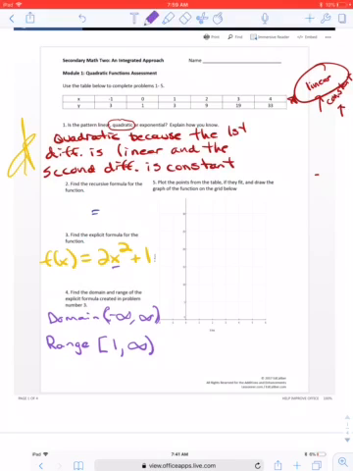So we're going to go -1 and 3, 0, 1, 1, 3, 2, 9, 3, 19, 4, 33, and of course this would continue up this way because it's quadratic. And there's the graph, and it's easier to actually see the range here. We can see that the lowest y value is 1.